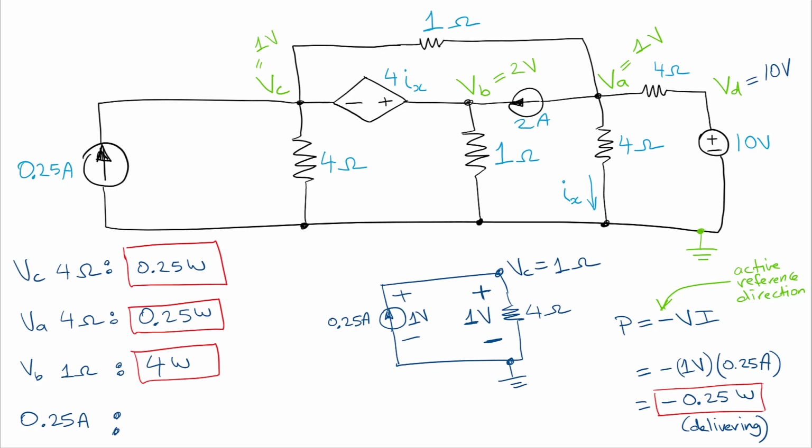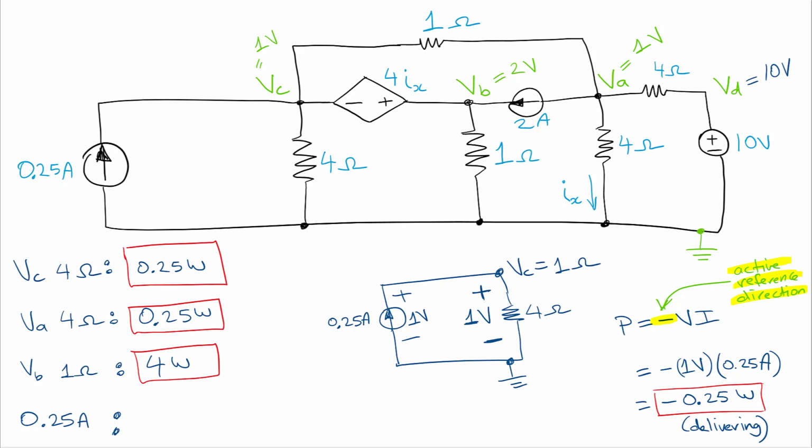So we can easily make the calculation, and our calculation is going to be some variation of power is equal to voltage times current. Now there's a trick here, and that is that we are using the active reference direction, and so we have to use the minus sign. And so what do we mean by the active reference direction?